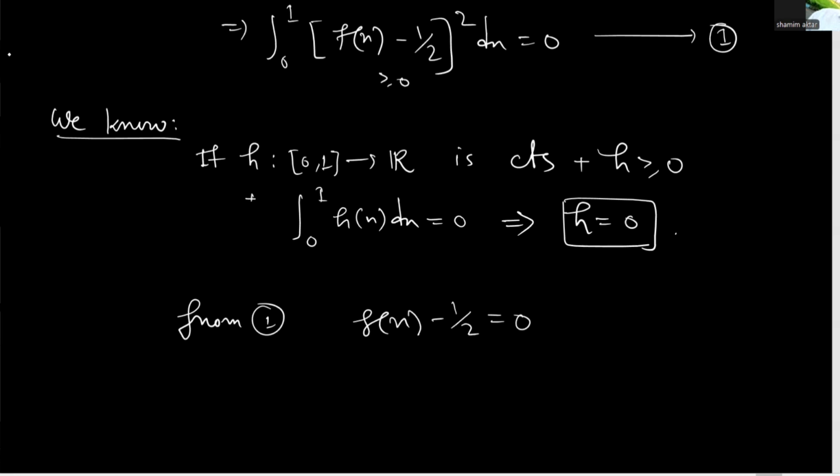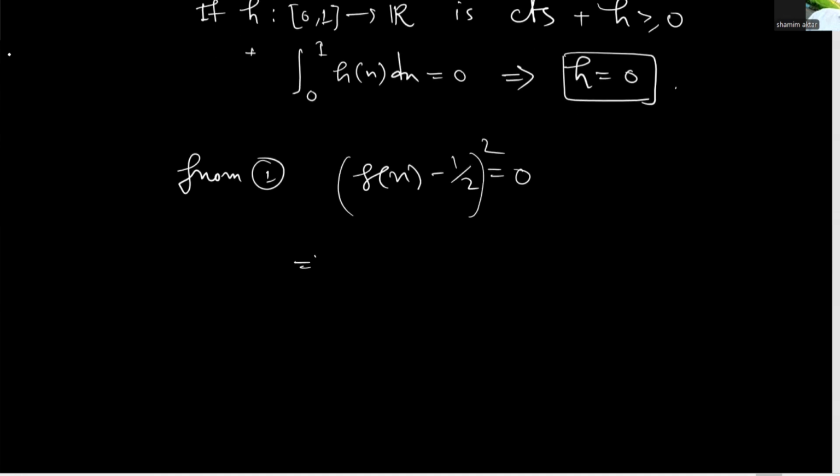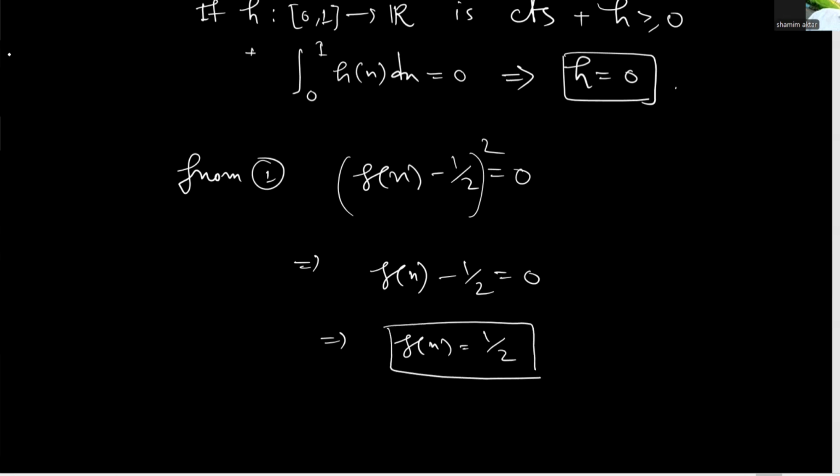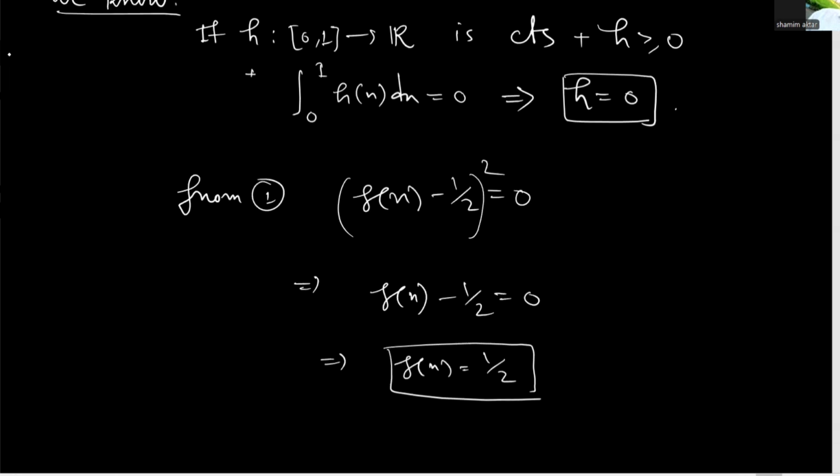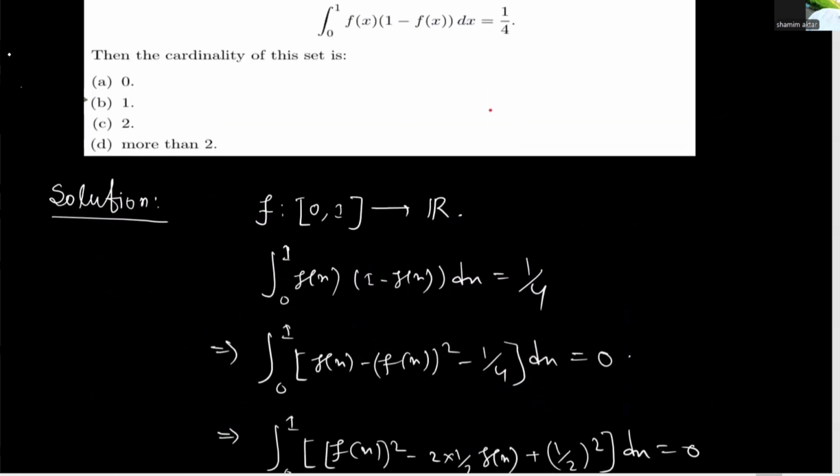So this implies f(x) - 1/2 is equal to 0, so f(x) equal to 1/2. Only one function, that is f(x) equal to 1/2, a constant function. So the cardinality of this set is 1. So the answer is B.